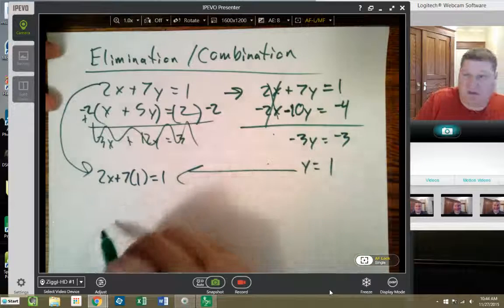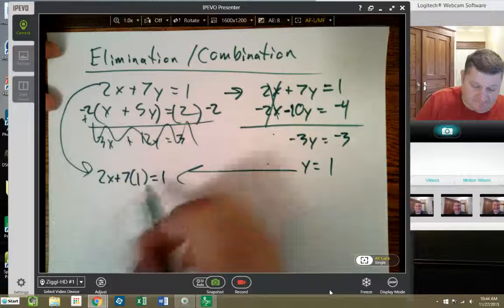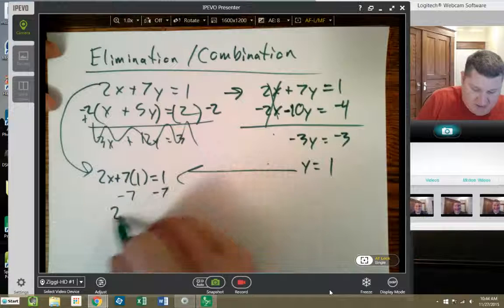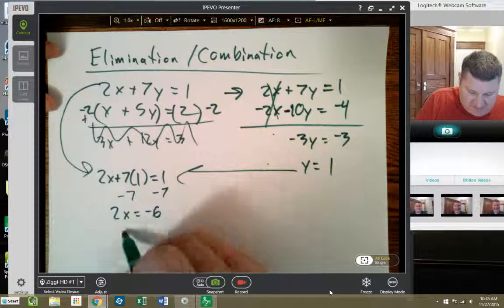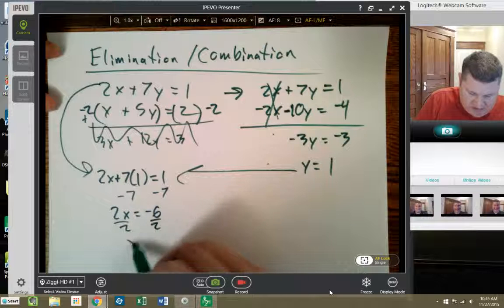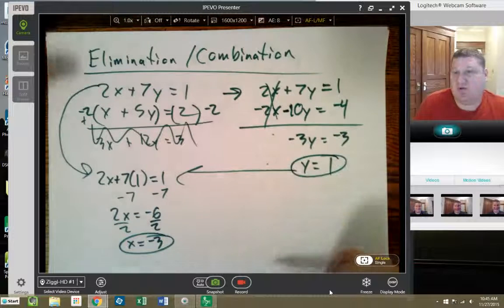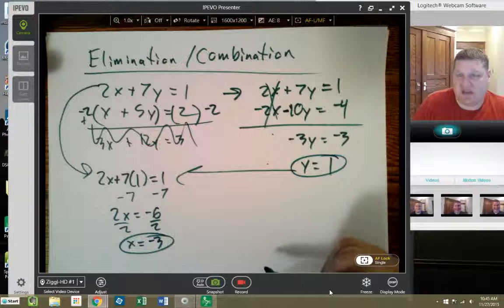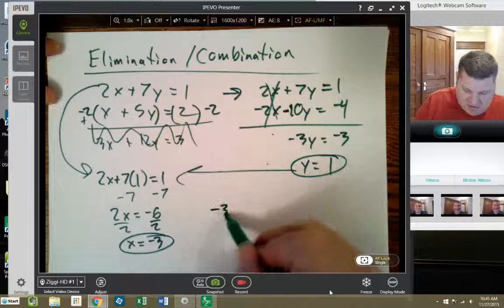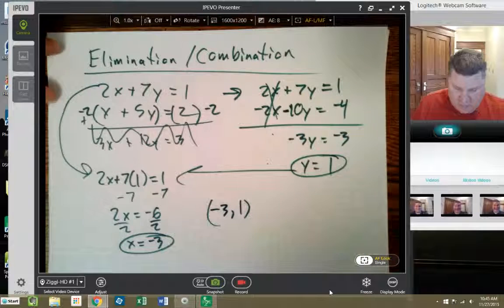At this point, my next step would be subtract 7. 2x equals -6, and I finish doing the divisions. X equals -3. Once I have these two, there's only one more thing I need to do, and that is put the answers in an ordered pair.